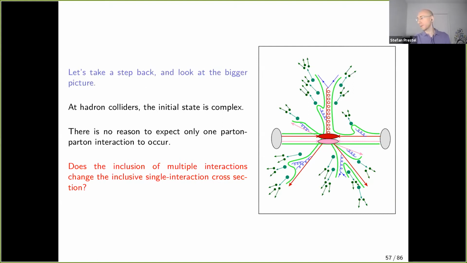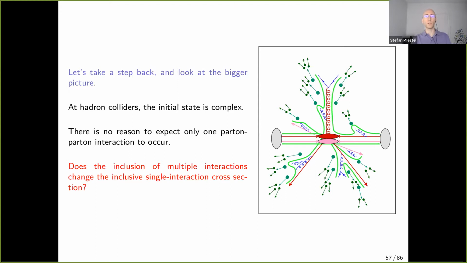Another way maybe of thinking about this is when you factorize the cross-section into a partonic cross-section and the parton distribution functions. The parton distribution functions themselves depend on a factorization scale, and everything below this factorization scale is integrated out into the values. Every emission, every virtual correction is integrated out into the value of the parton distribution functions at that factorization scale.